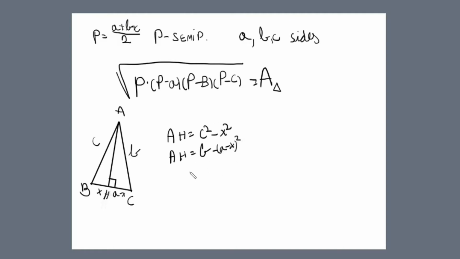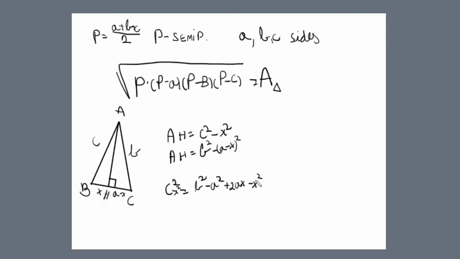Good. Now, since AH is equal to AH, we can say that C squared is equal to B squared minus A squared plus 2AX minus X squared. And minus X squared here as well.